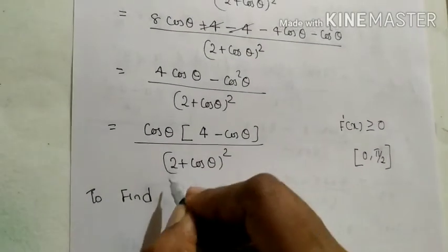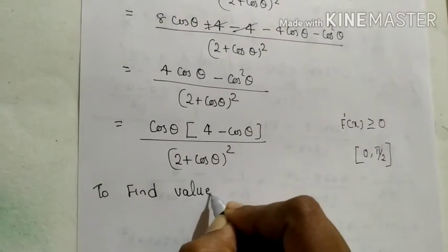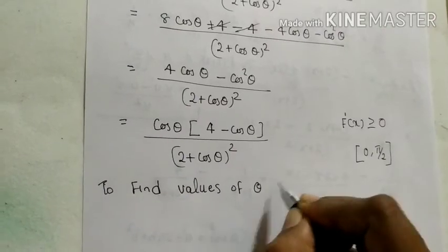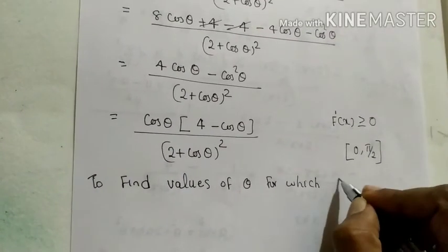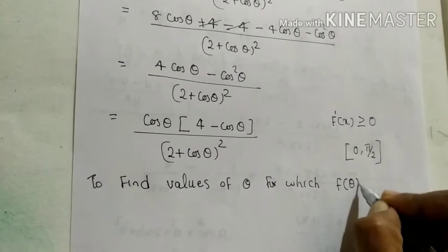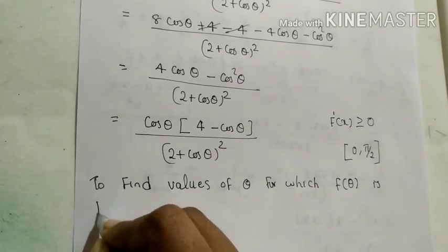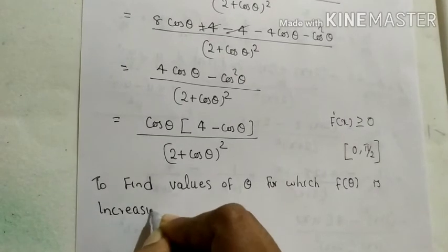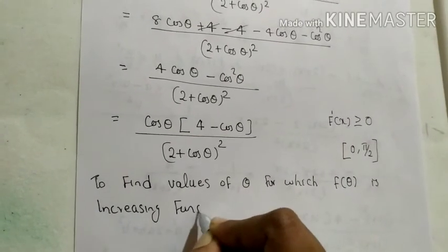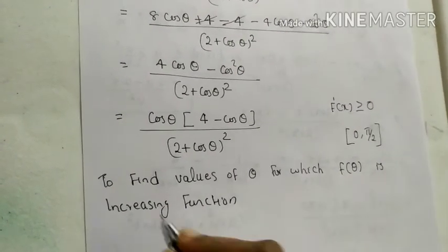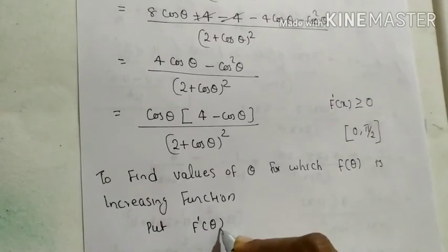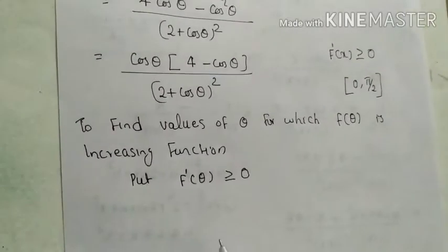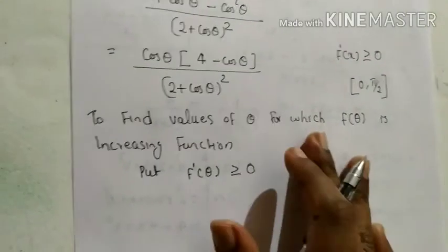So to find the value of theta for which our function f of theta is an increasing function, put f dash of theta greater than or equal to 0. Okay.